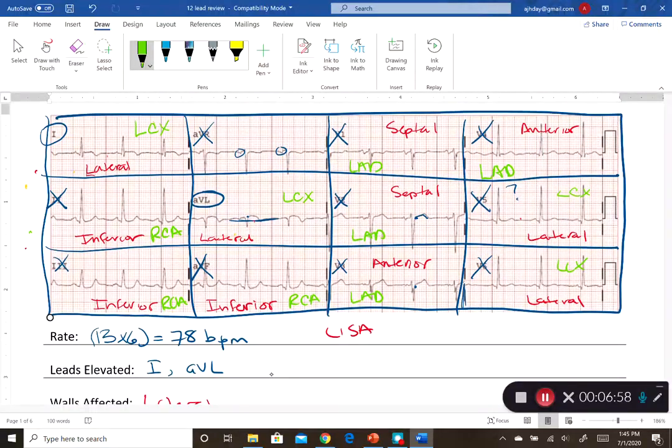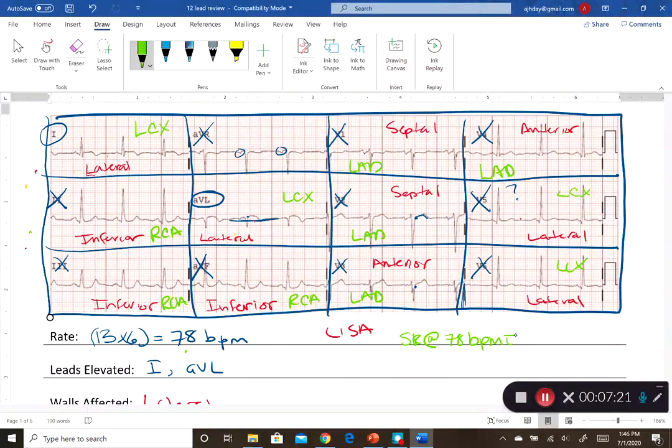The way I would write this out if I were to determine this rhythm is first I would look at my underlying rhythm. So I'm going to look at lead 2. I have a nice P wave, a normal PR interval that goes with my QRS complex, and a normal T wave. So this is a sinus rhythm. We've already figured out rate at 78 beats per minute.